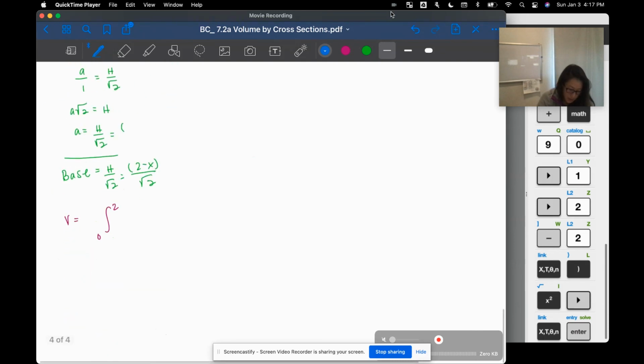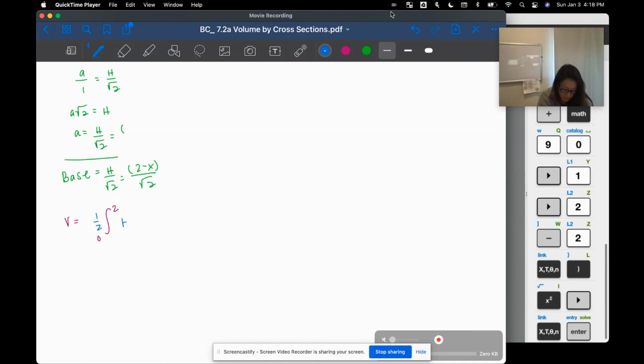And the area of this triangle would be 1/2 the base squared, dx. So I end up with 1/2 times the integral from 0 to 2 of the base, 2 minus x, squared over root 2 squared.